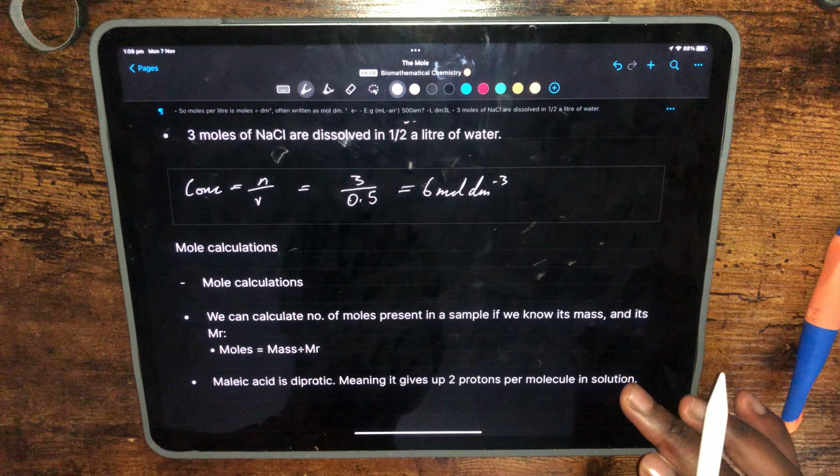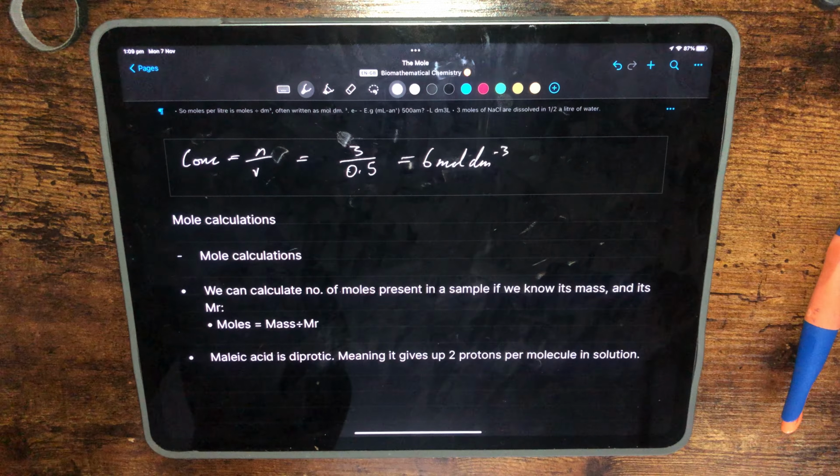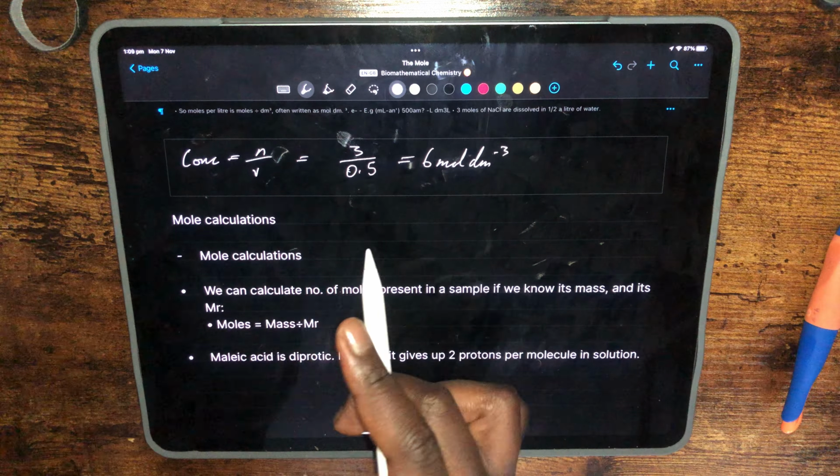All right, mole calculations. In mole calculations, we can calculate the number of moles present in a sample if we know its mass and its MR. If we've already worked out the moles, of course, I can rearrange this equation to get the moles.